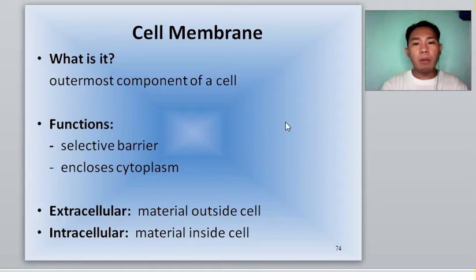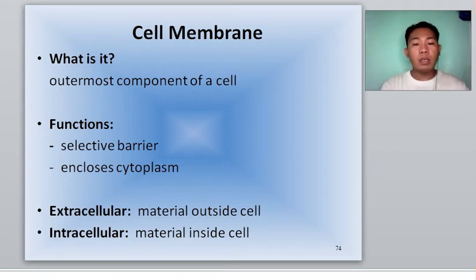Another remarkable structure of the cell is the cell membrane. The cell membrane is the outermost component of a cell. It functions as a selective barrier, which means it does not allow all materials to come in and out of the cell.